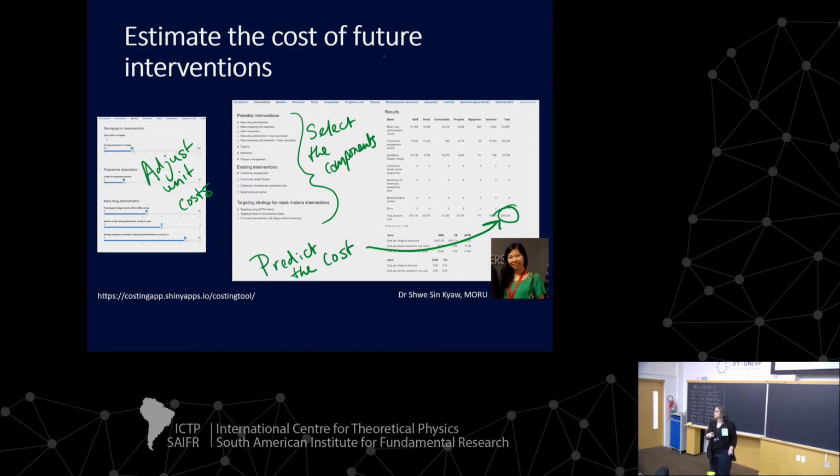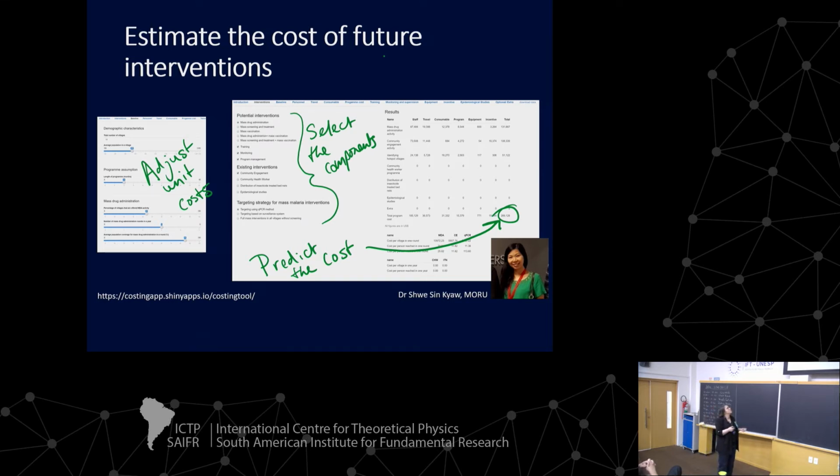and which bits are not. And she's also created a web interface because not everyone agrees on which components are just for research and which ones are for programmatic rollout. So we didn't decide, we let the user decide.